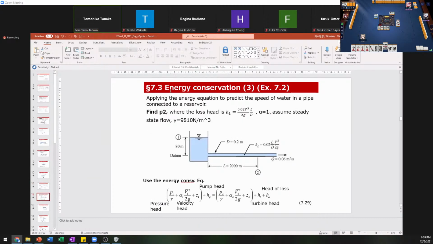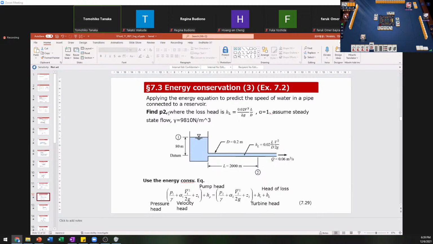Okay, so this is an example. Applying the energy equation to predict the speed of water in a pipe connected to a reservoir here. So there is a reservoir and also a pipe here.